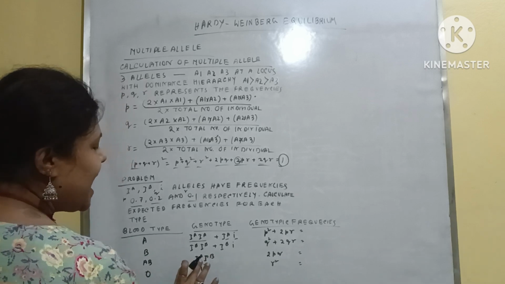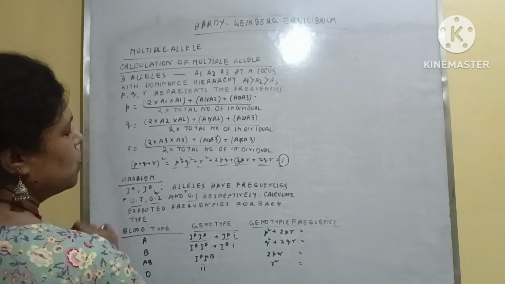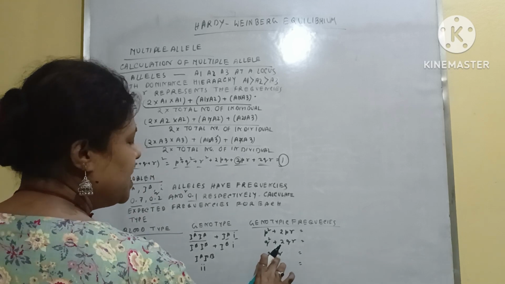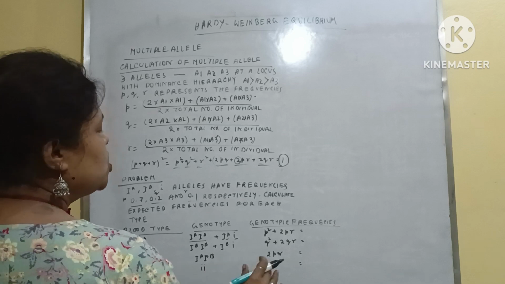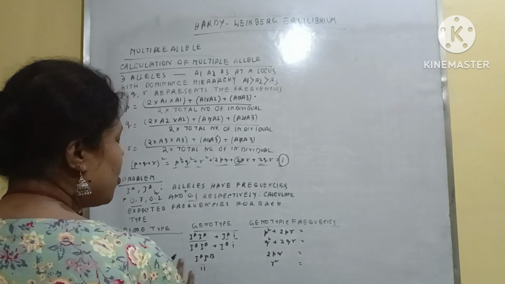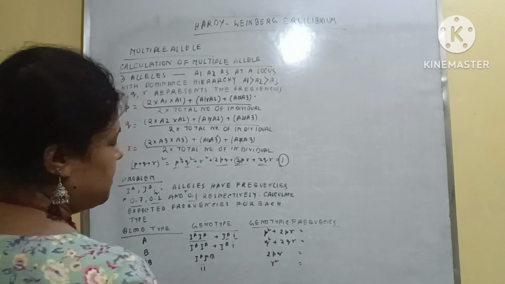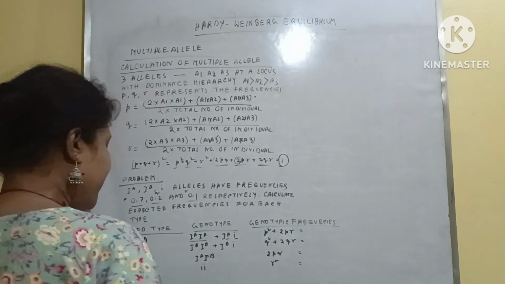In case of AB, there is a chance of p and q, so we have to write pq, but in the formula we know that 2pq is there, so we have to write 2pq. And the last one, small i small i means r square. Now we just calculate the values.